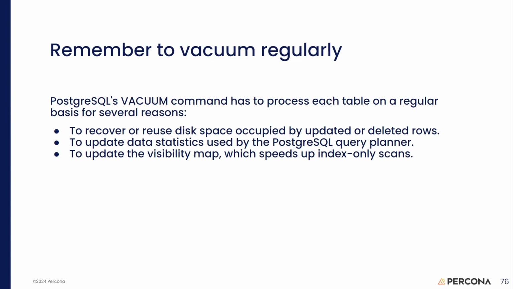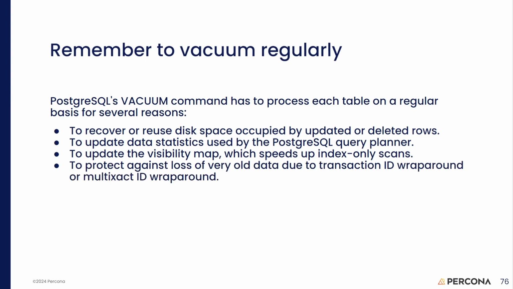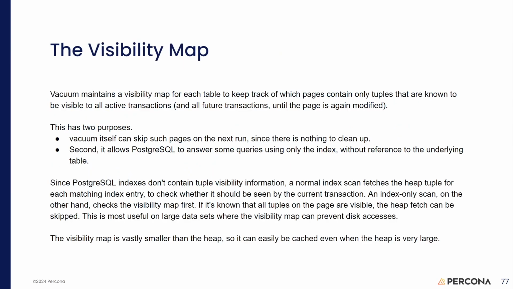Think of that as a shortcut to your data. Also, it's going to protect you against loss of the very old data due to transaction ID wraparound. It's a 32-bit integer. If you run out of transaction IDs, it gets very, very messy to try to get your old data or your new data out.